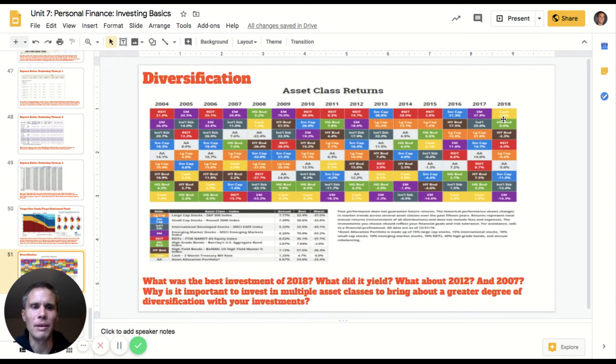This chart might be a little overwhelming to you, but I want to point out ultimately the benefits of it. In 2018, the market took a dump at the end of the year. It really crashed. So the asset class with the highest gain over that period was actually cash, meaning that if you were in CDs and money market accounts and savings accounts, you had an average gain of 2%.